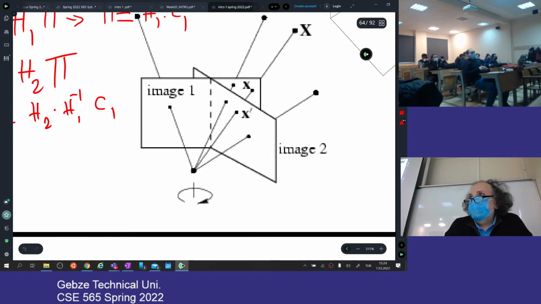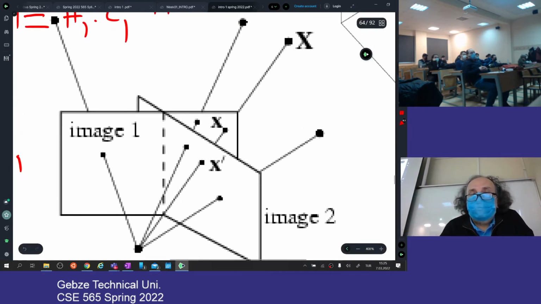Okay. I have two cameras. Their centers are the same. They are looking in two different directions. So there is a lot of overlap between these two cameras.